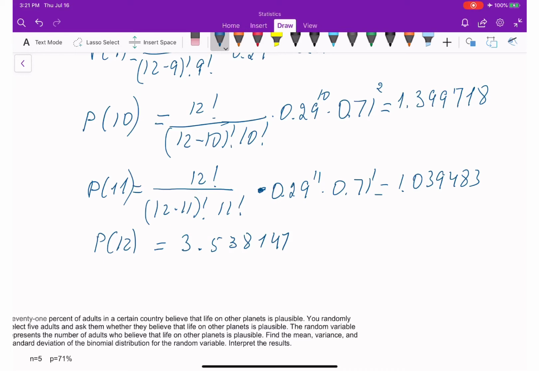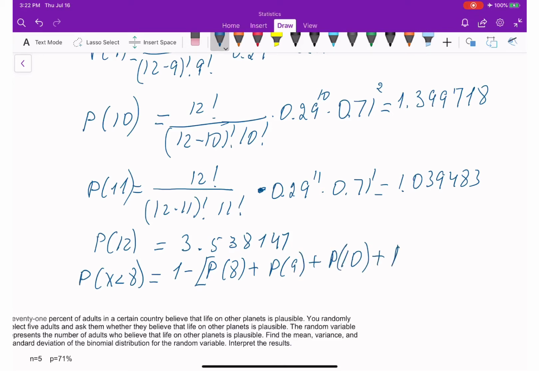And finally, probability of x less than 8 is going to be equal to 1 minus probability of 8 plus probability of 9 plus probability of 10 plus probability of 11 plus probability of 12. I believe you can do it, right?